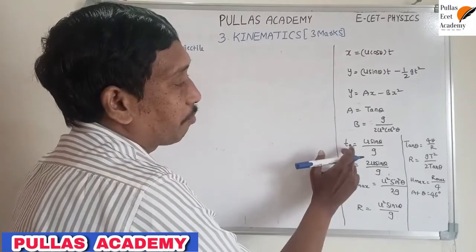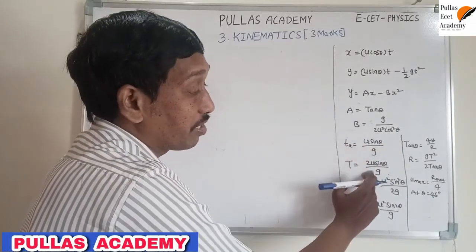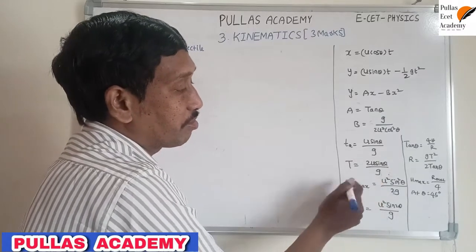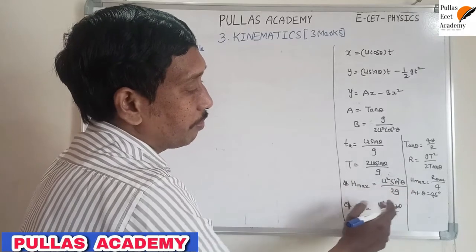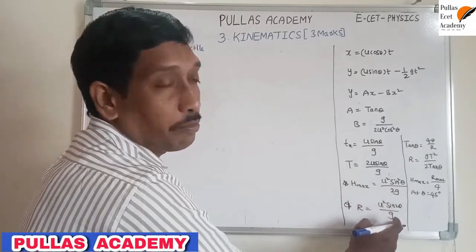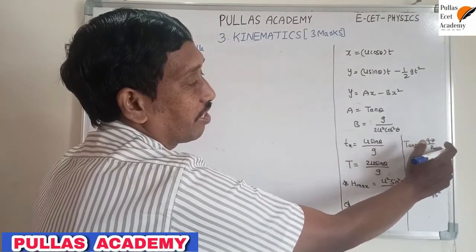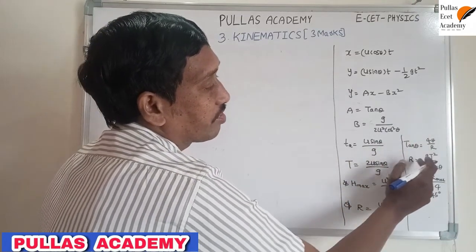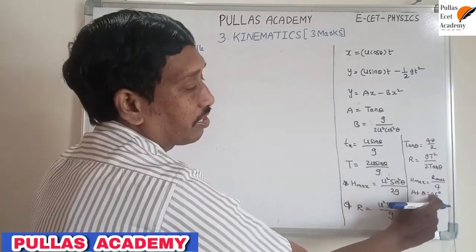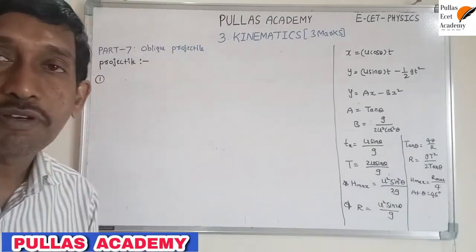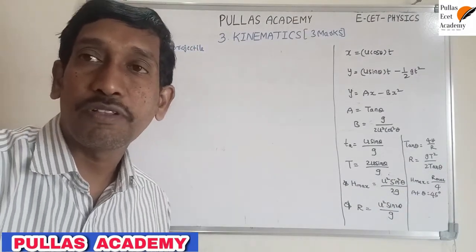Time of ascent is u sin theta by g, time of flight is 2u sin theta by g. Maximum height formula and range are the most important: H is u square sin square theta by 2g and R is equal to u square sin 2 theta by g. The relation between H and R is tan theta equal to 4H by R. The relation between R and t is R equal to g t square by 2 tan theta. One more, at the particular angle theta equal to 45 degrees, H maximum is equal to R maximum by 4. So these all are the important expressions. You have to focus on this area.